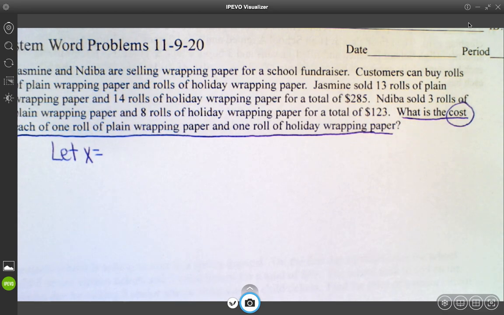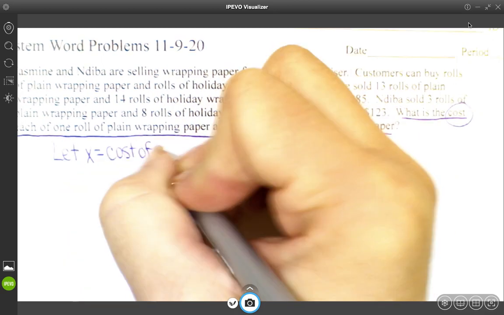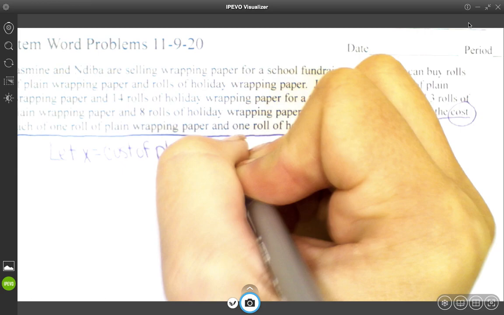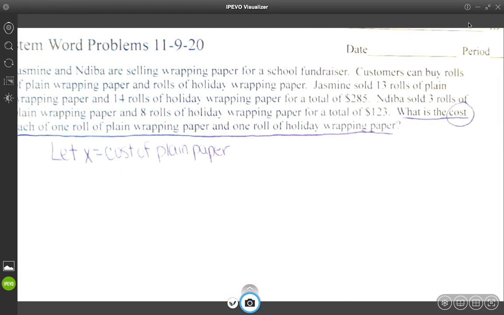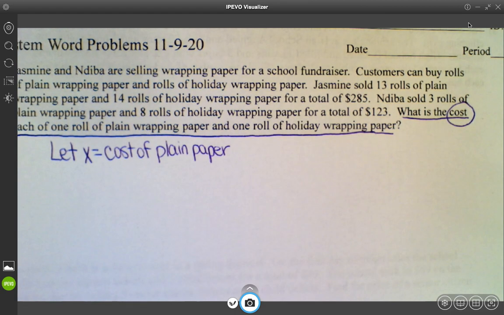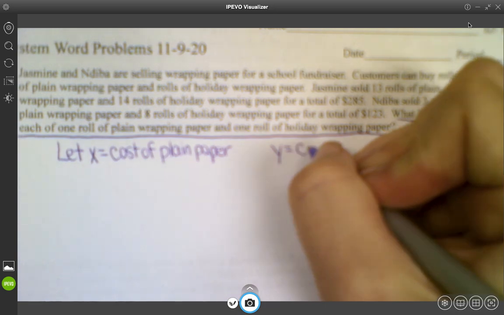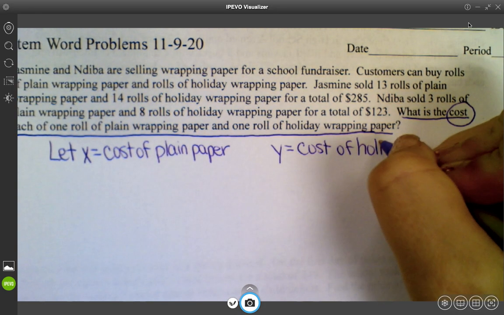Do we want to know how many rolls of wrapping paper, or do we want to know the cost of the wrapping paper? So you actually have to say cost of plain paper. I'm not going to write wrapping paper. I think we're okay with that. So we're going to let X equal the cost of the plain paper, and we're going to let Y equal the cost of the other that we're looking for, which is the holiday paper.